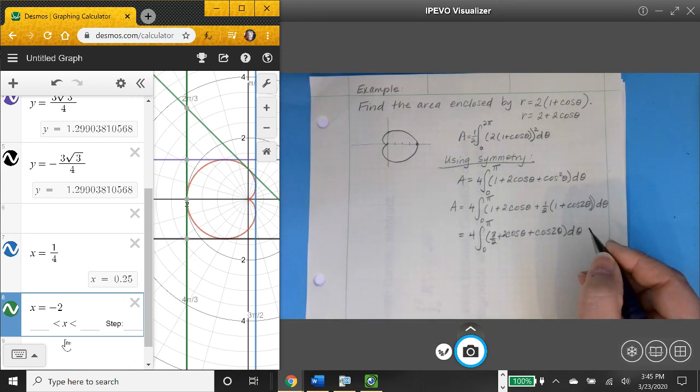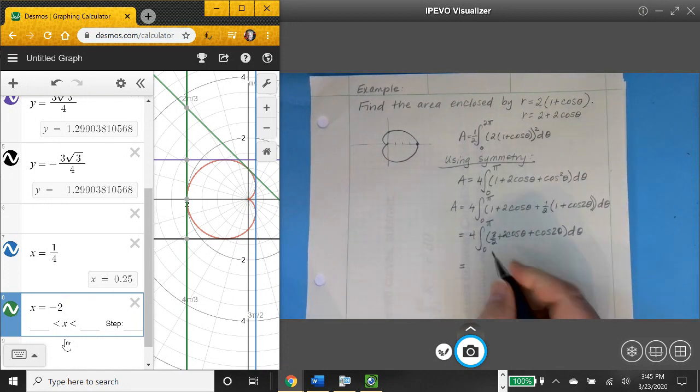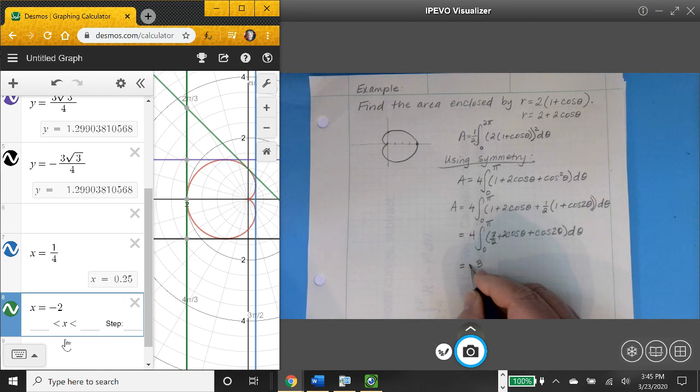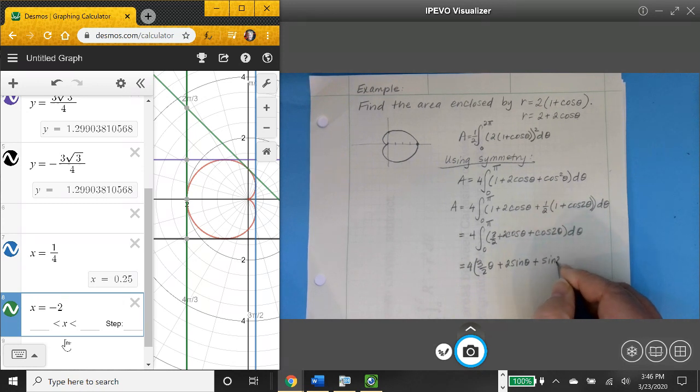All right, so what happens when we integrate that? Well, we get 4 times 3 over 2 theta plus 2 sine theta, because the antiderivative of cosine is sine, plus sine 2 theta over 4, going from 0 to pi.